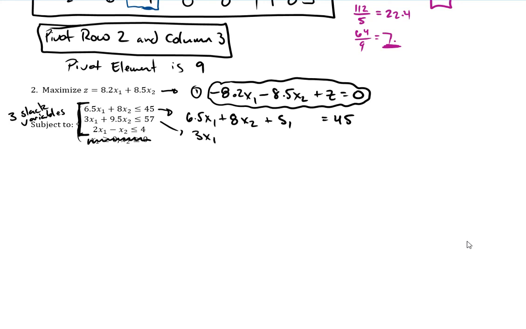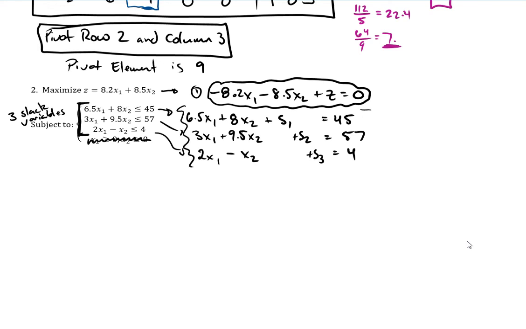So this other one is 3x1 plus 9.5 x2 plus something, so plus s2, equals that 57. And then this last one, 2x1 minus x2, plus something, plus s3, should equal that positive 4.